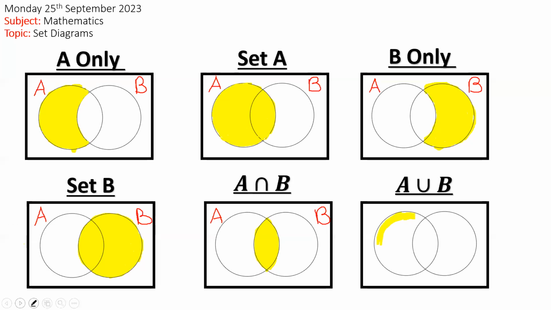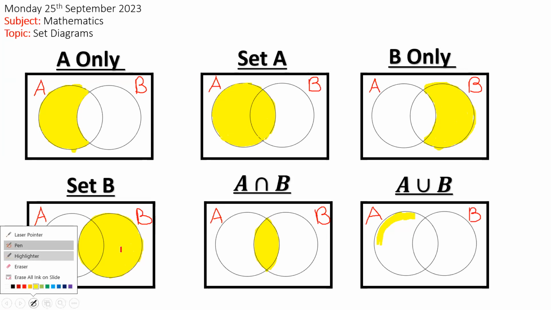So this is what we call set A, and this is set B. So the union is everything all together.